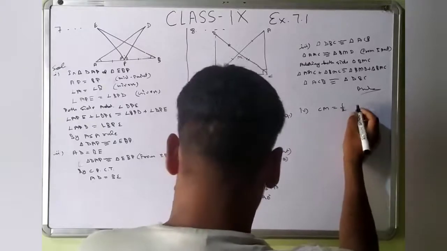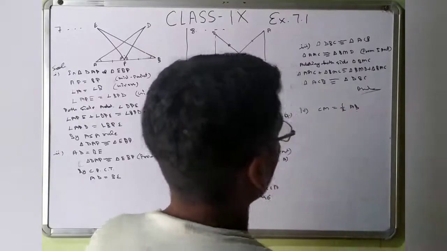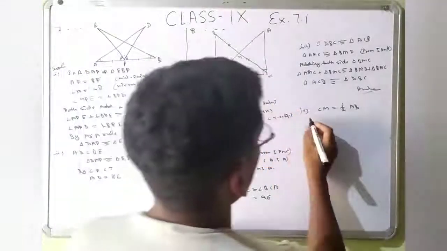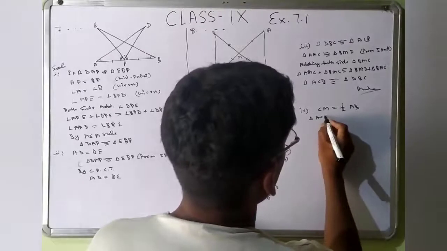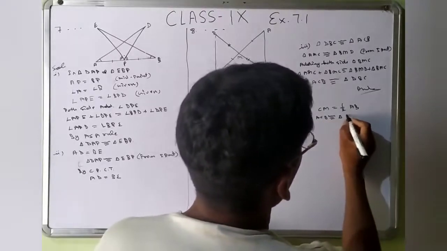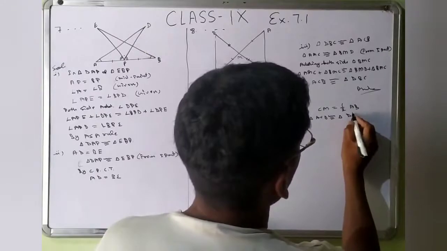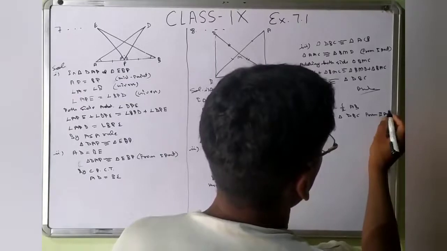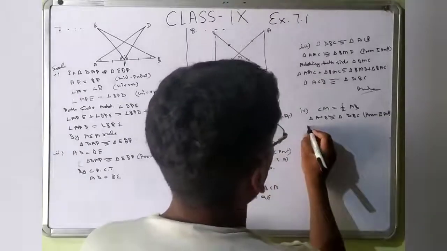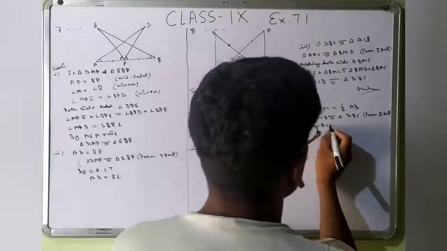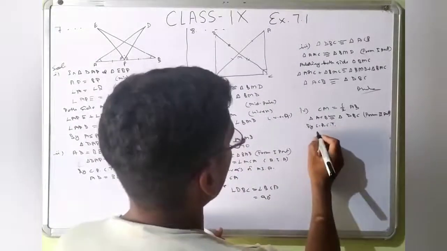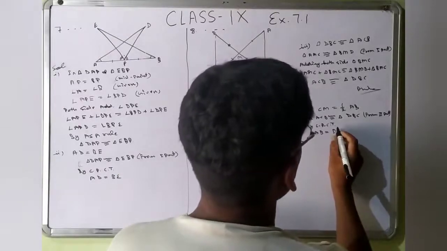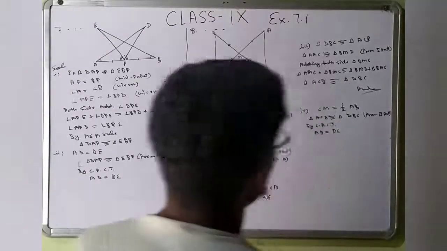Okay, and then fourth part, CM is equal to half of AB. Triangle ACB congruent triangle DBC from second part. So by CPCT AB is equal to DC.